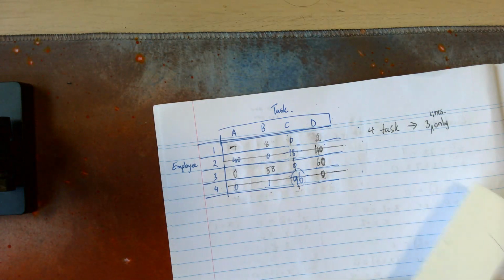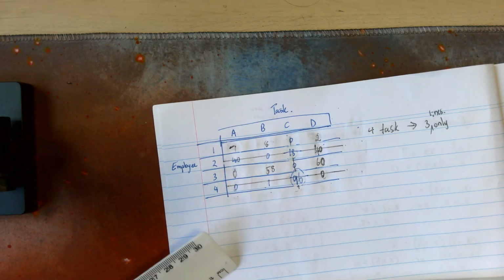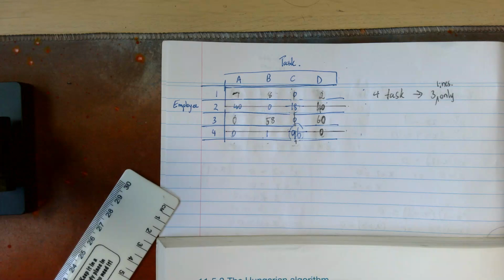Alright. And then our next step is to cover all zeros with the minimum number of lines.